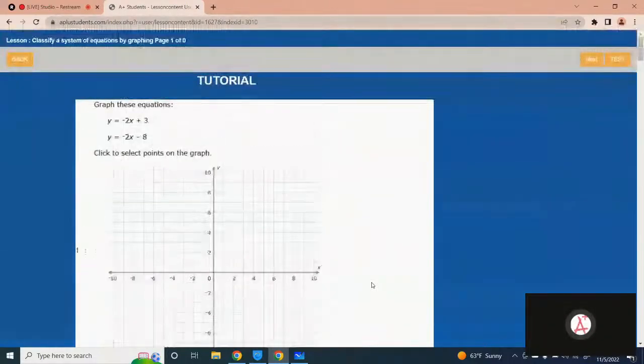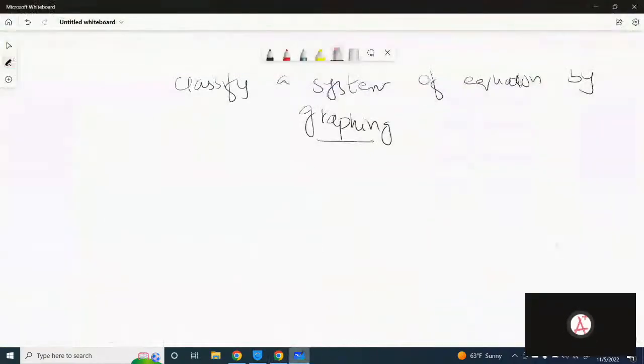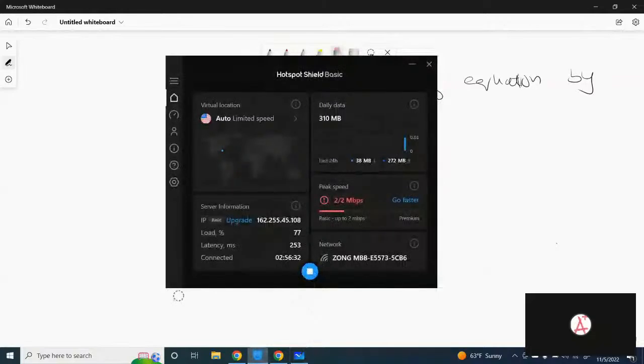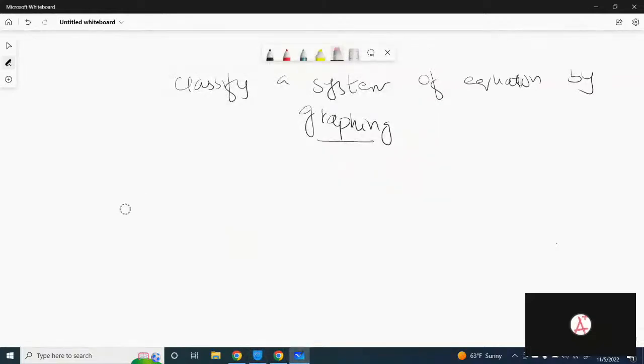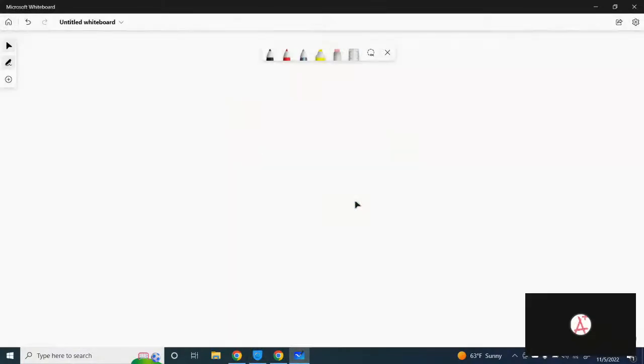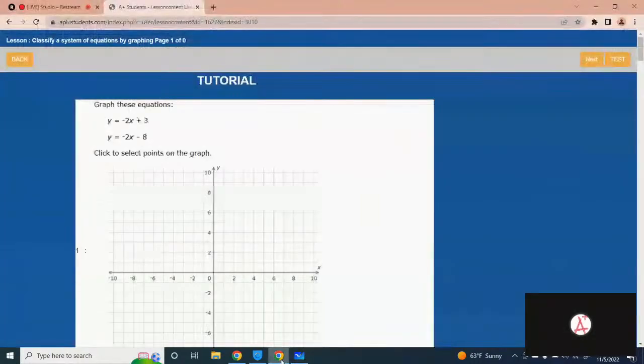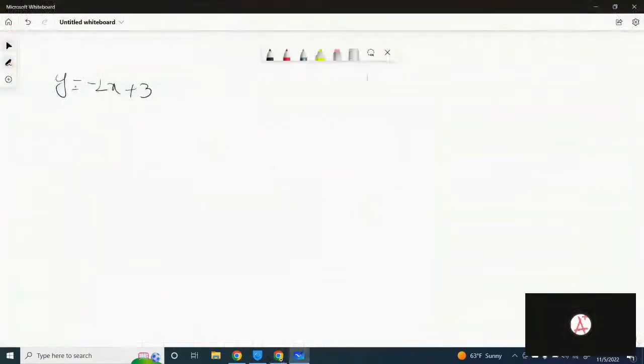So let's start with the equations y equals negative 2x plus 3 and y equals negative 2x minus 8. Got it?